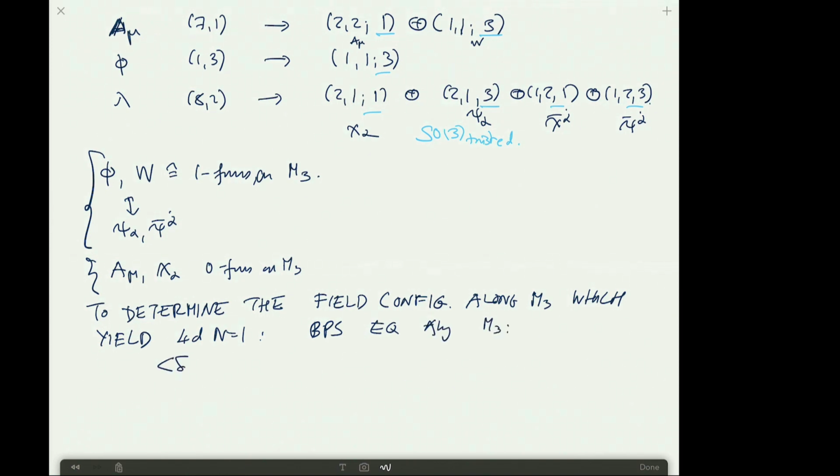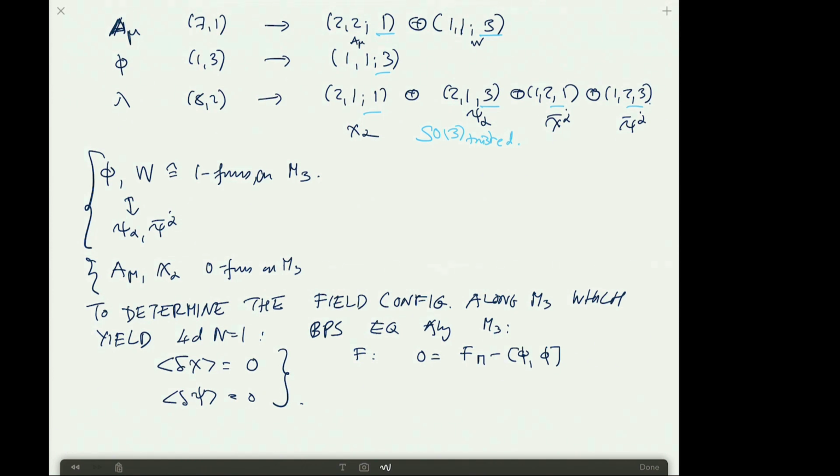So we said delta psi, delta chi equals 0. And what we obtain here is a set of F-term and D-term equations, which is quite standard. But the form of these is slightly different from what you might have seen before.